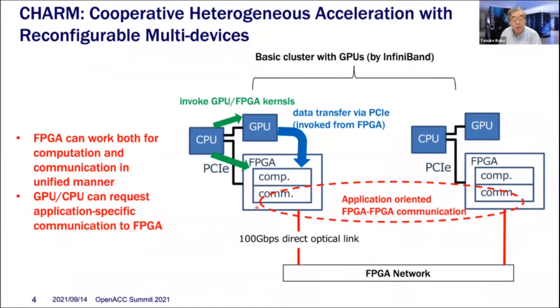As I introduced, today's FPGA is equipped with a very high-speed 100 Gbps multiple-channel network, so we can construct an inter-FPGA communication link as well as the ordinary cluster network like InfiniBand. We program the application to switch between parts suitable for the GPU or suitable for the FPGA, but also some parts directly operate parallel FPGA computation over this FPGA network.